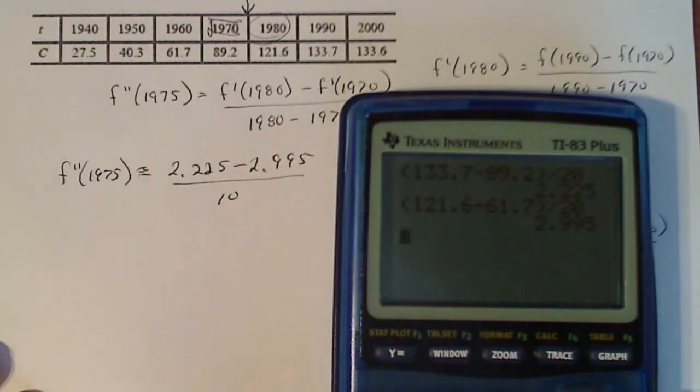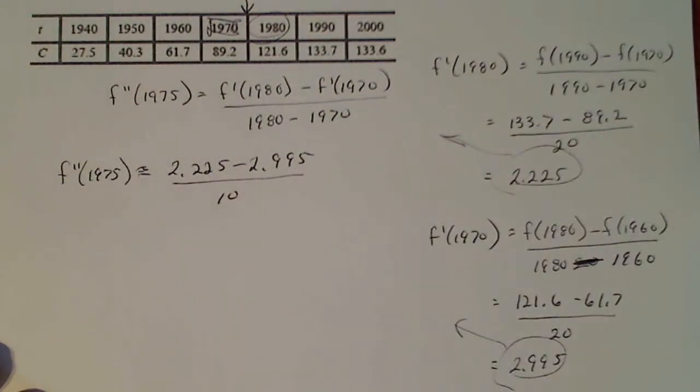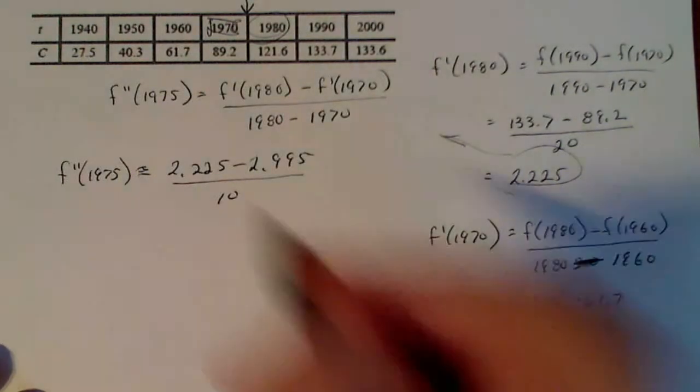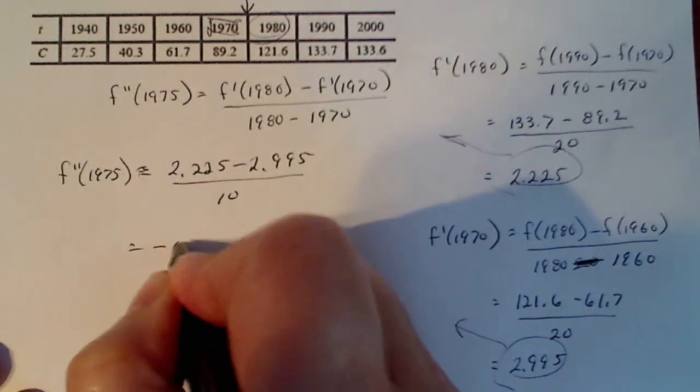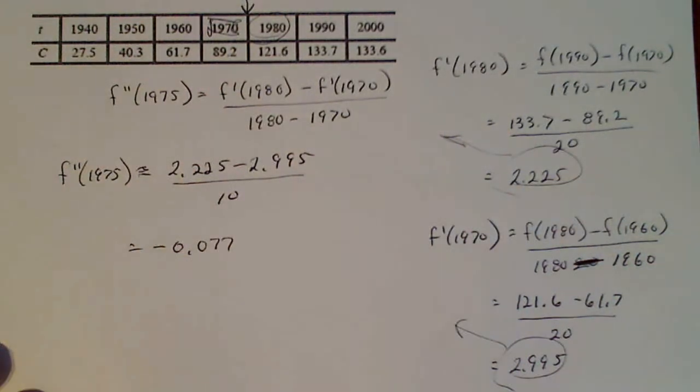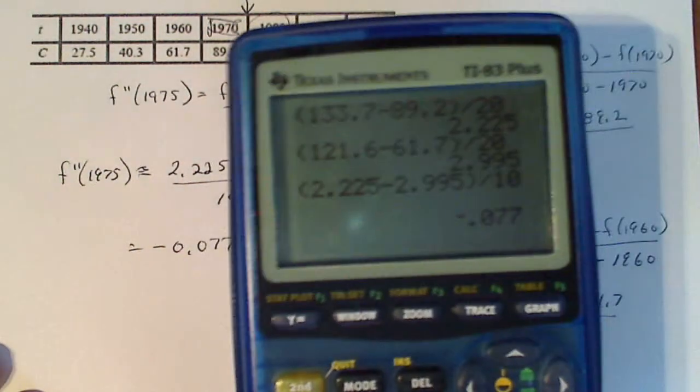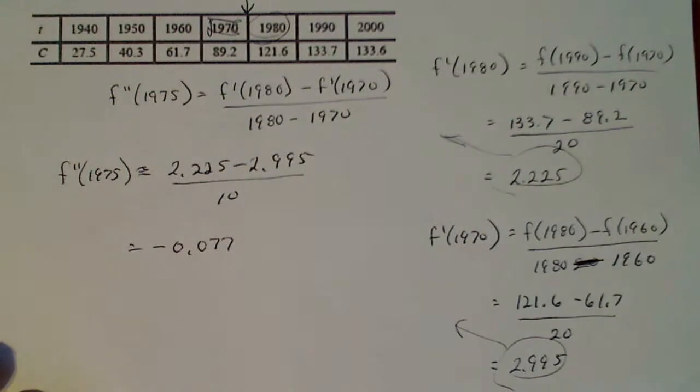So let's see what that number turns out to be. 2.225 minus 2.995 divided by 10 is negative 0.077. Did I type that all in right? Yeah, that's right. If you're not careful, you can get these numbers confused really easily.